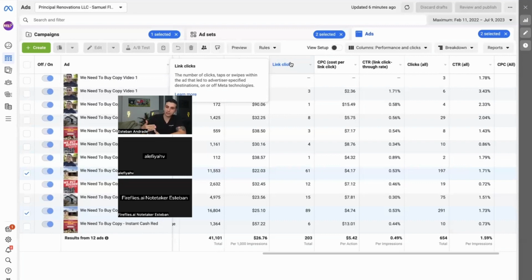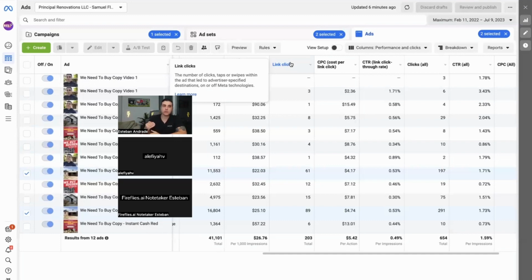That could be inside of Facebook, that could be outside of Facebook. So imagine you have the button on your ad that says click here, or learn more or get offer. In this case, real estate investors, wholesalers. Link clicks count how many times people actually press that button to go to the website or form.